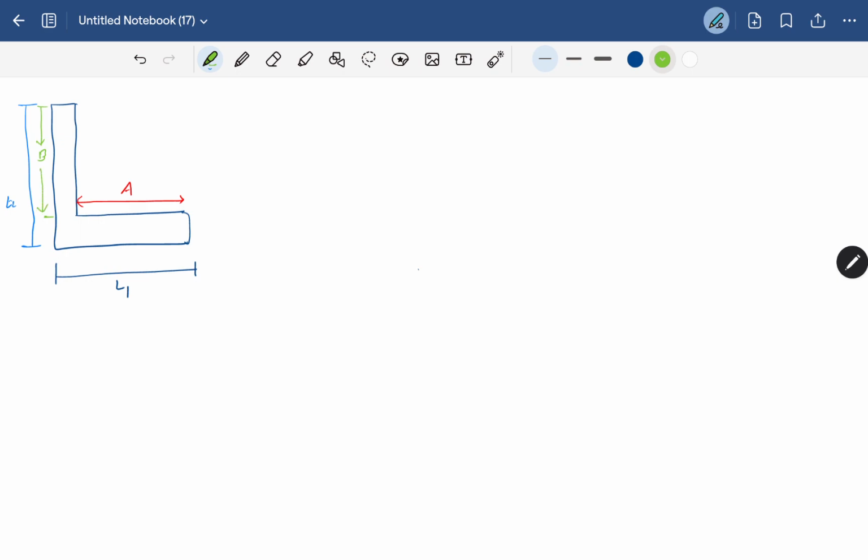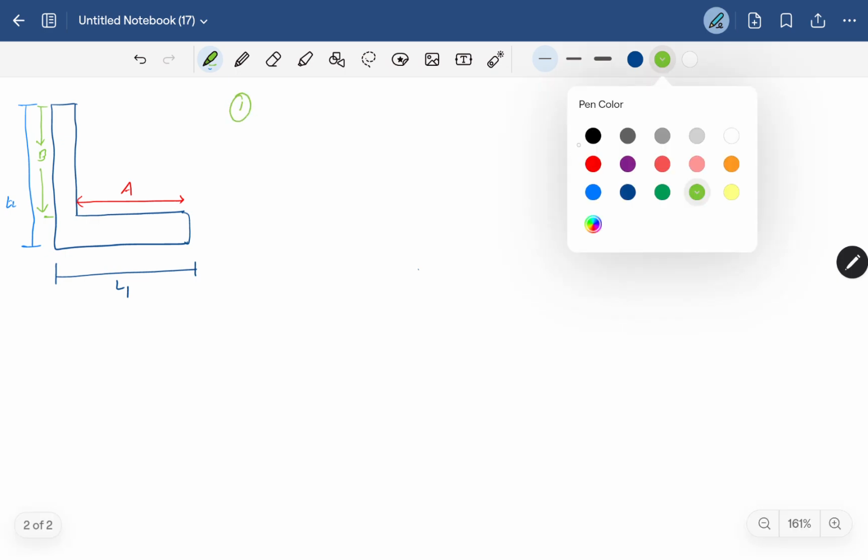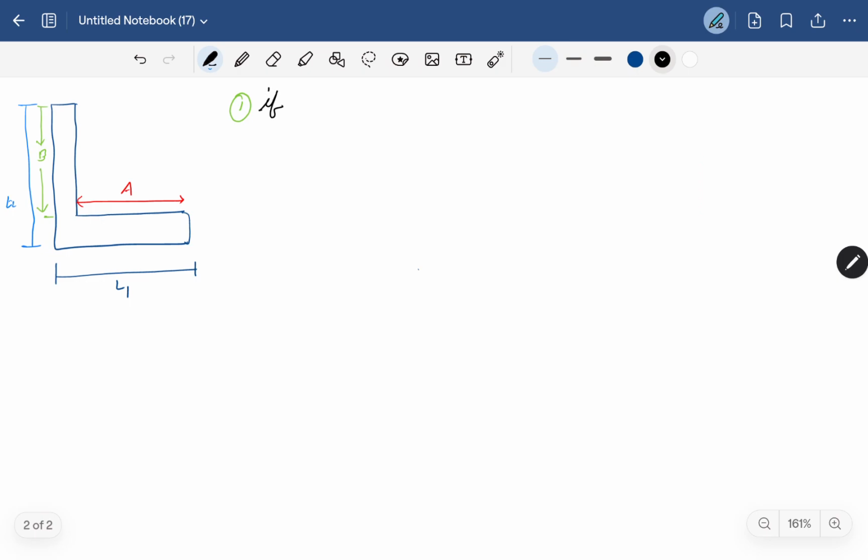So there is a formula. Suppose the formula is that if the ratio of A by L1 is greater than 0.15, then we say that this structure is called reentrant corners.